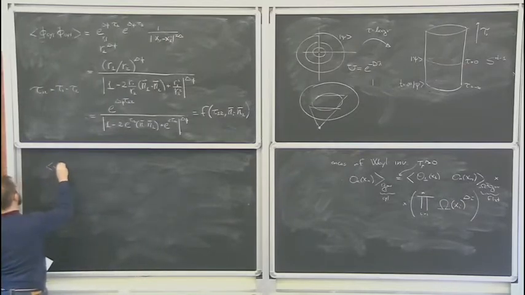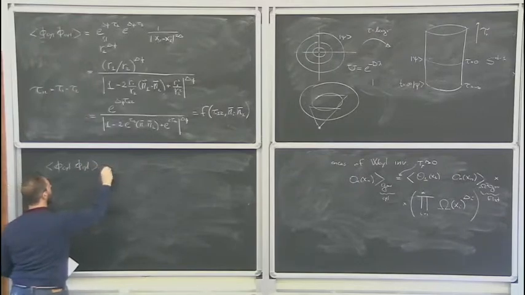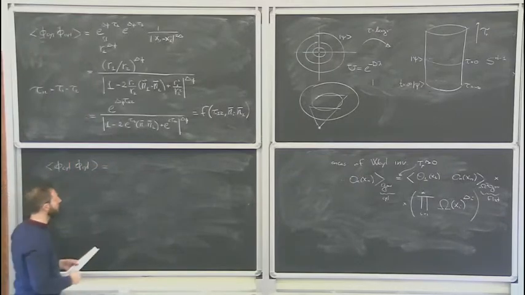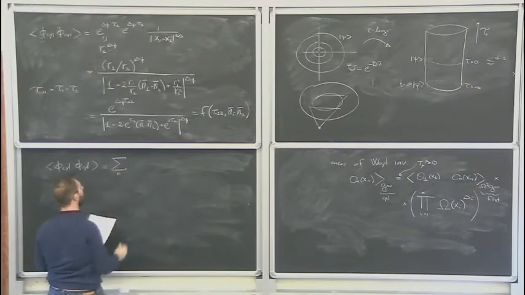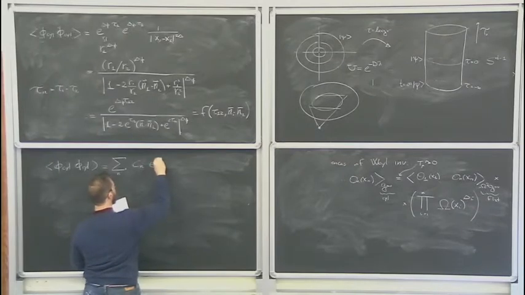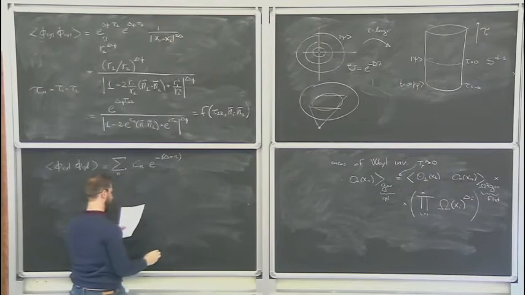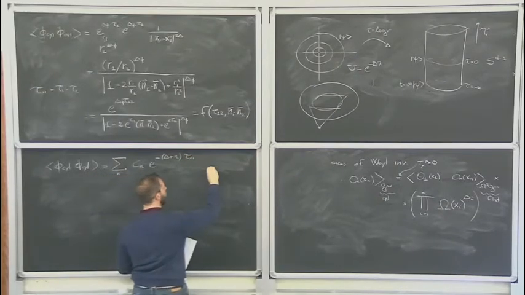And so phi cylinder, you can expand this object and write it as a sum over n of some coefficient Cn e to the minus delta plus n tau 2, 1. Tau 2, 1 is positive.